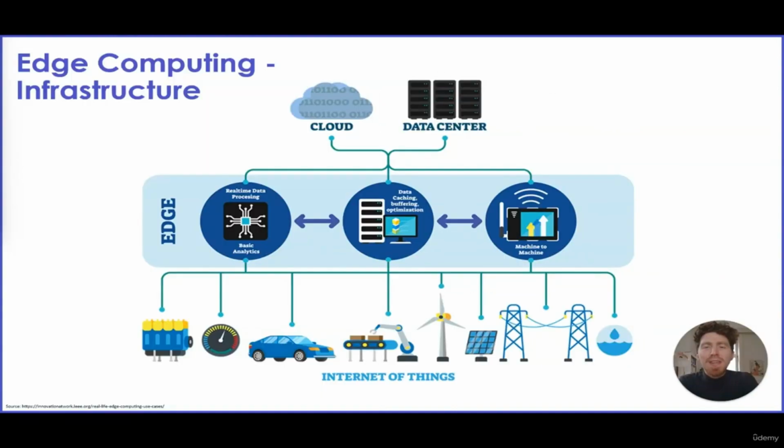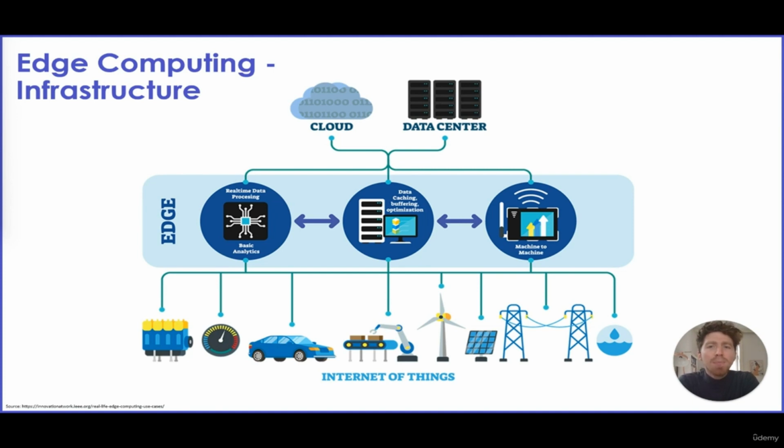Let's have a look at the edge computing infrastructure. So in general, we can see three different levels within the edge computing infrastructure. On the bottom, you have the edge devices. In the middle, you have the edge processing infrastructure, like the edge server.